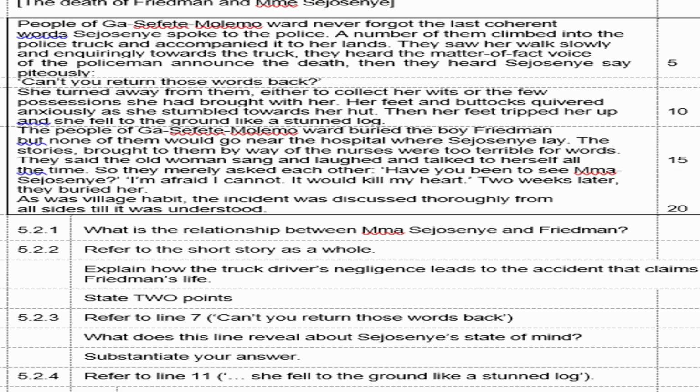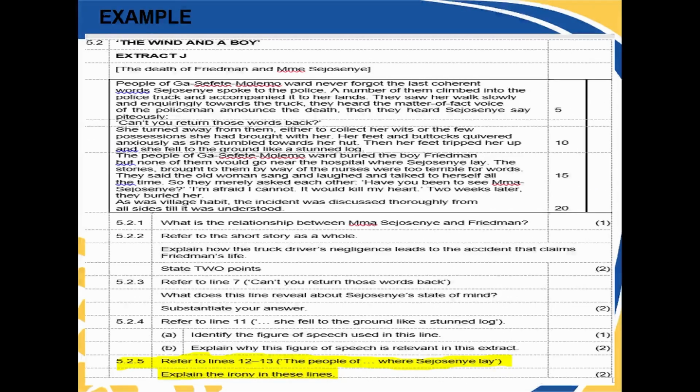"So the people of Khasifiti Mulemo Ward buried the boy, Fredman, but none of them would go near the hospital where Joseph Fesenye lay." Now you are expected to identify, to discuss, to explain the irony in these lines. The question refers to lines 12 to 13.